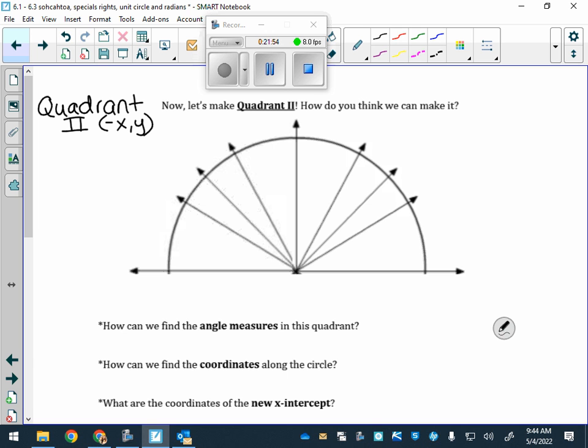So before we get to quadrant 2, I want you to fill out what we just did, quadrant 1. Okay. Using your colors, filling out the degrees, filling out the measurements. Okay. The coordinate points.